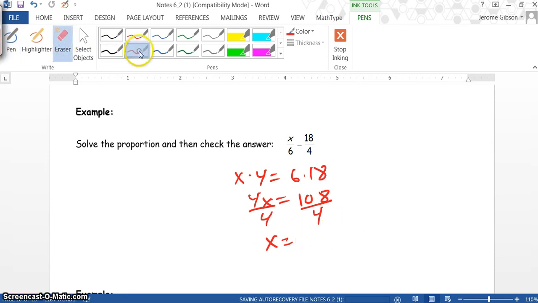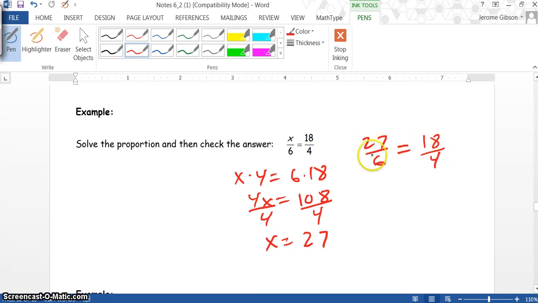This should be 27, not 36. So x is 27. So now we will go through and substitute. Let's check this problem as well. We'll put in 27 for x is equal to 18 over 4. And we can simplify both of these. 27 and 6 both have 3 in common. So this will give us 9 halves. And 18 and 4 both have 2 in common. So that will give us 9 halves. So x equals 27 is your answer.